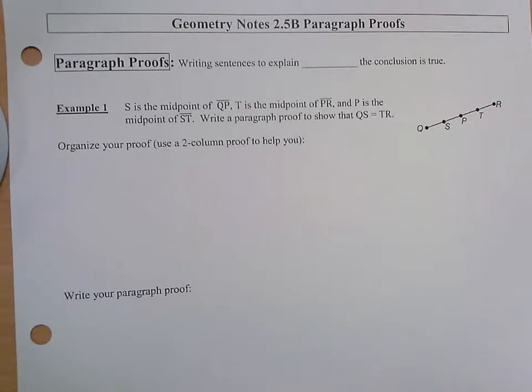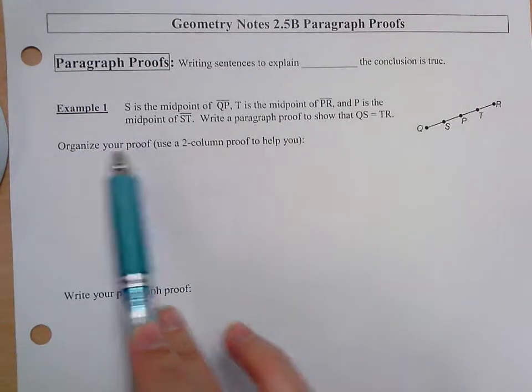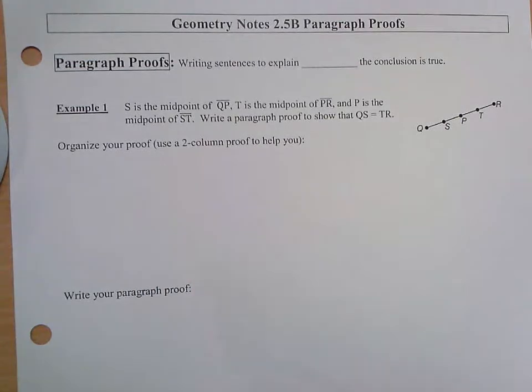And when you have a mathematical proof, it kind of looks like a math paragraph or essay. It's written as a paragraph. So the 2-column proofs that we use are really like an organizational tool for a paragraph proof. So when you go through example 1, in the first step I organize the proof using the 2-column proofs we've been creating.